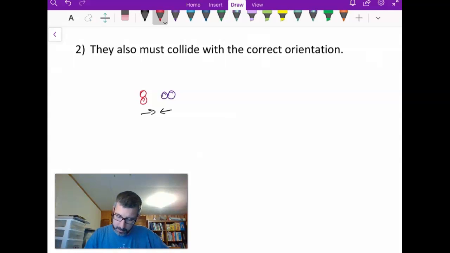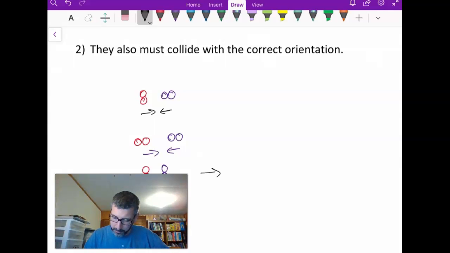If they're in this orientation, again, maybe they don't react when they collide, no matter how much kinetic energy they have. But let's say that for this particular reaction, when they come together so that they're all lined up, you get a reaction, okay?